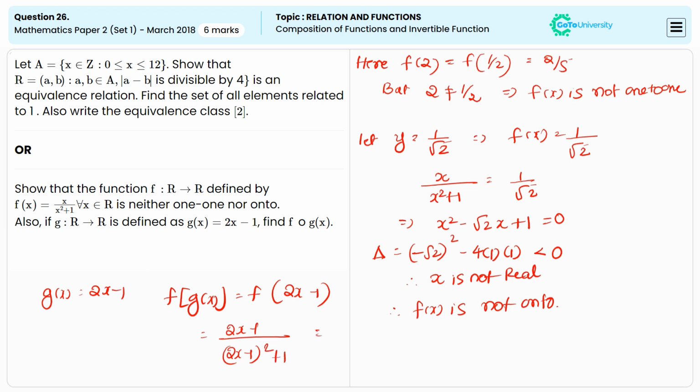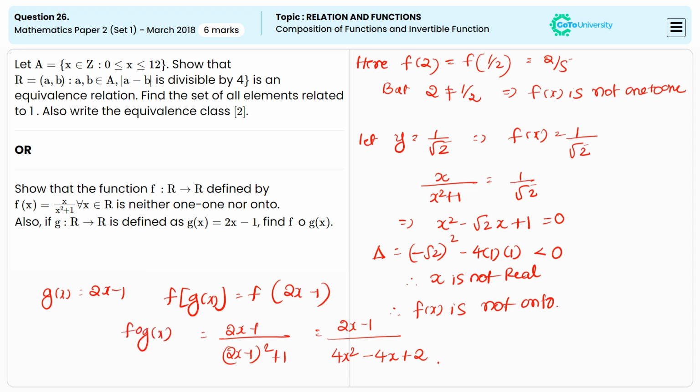If you further simplify, you get 2x minus 1 divided by 4x square minus 4x plus 1 will become 2. So this is our f of g of x.